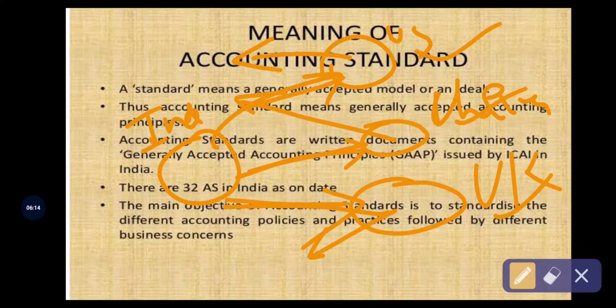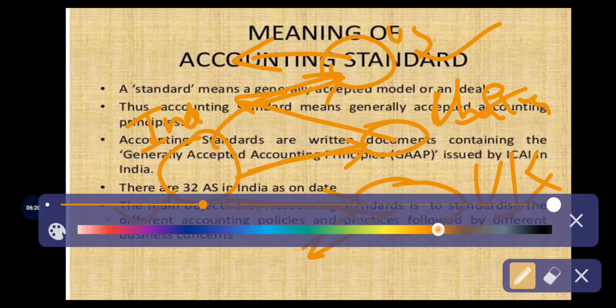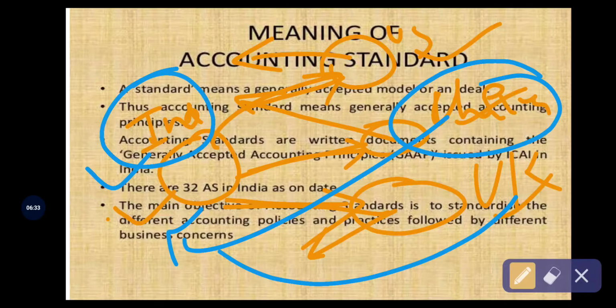What rules and regulations the USA is following are not followed in India. We are following different rules and regulations. What rules and regulations China is following for preparing financial statements, we are not following. Same in the case of the UK also.